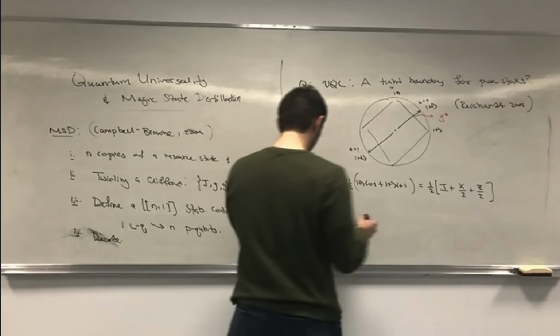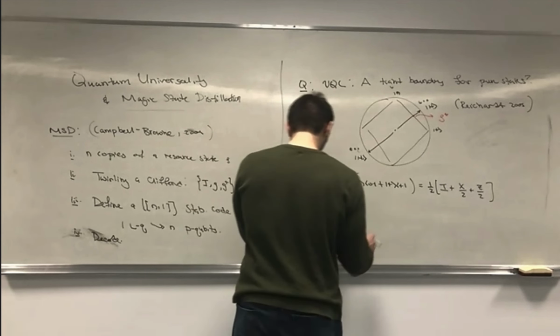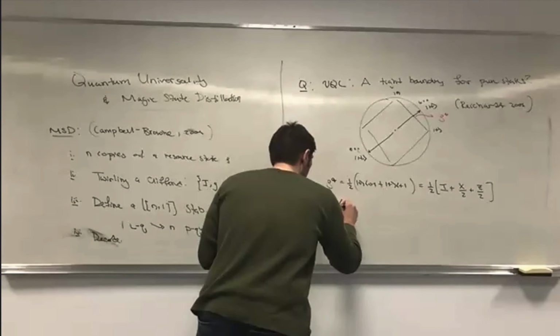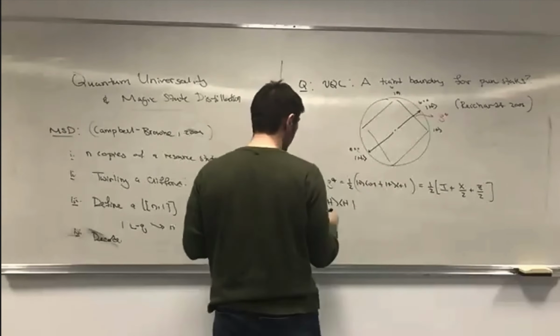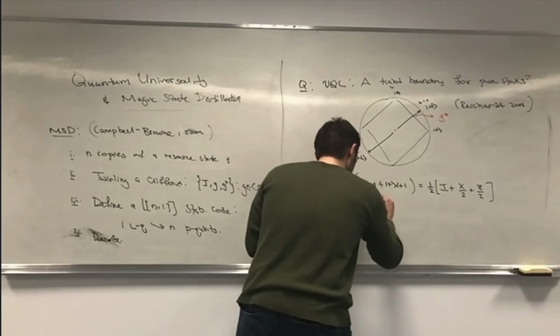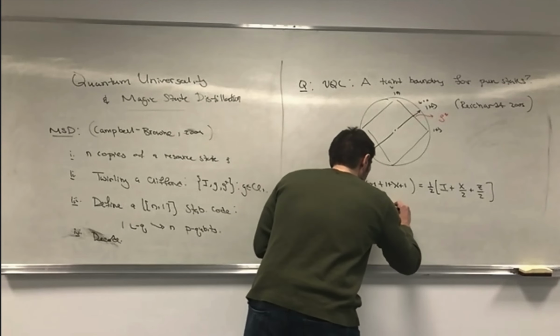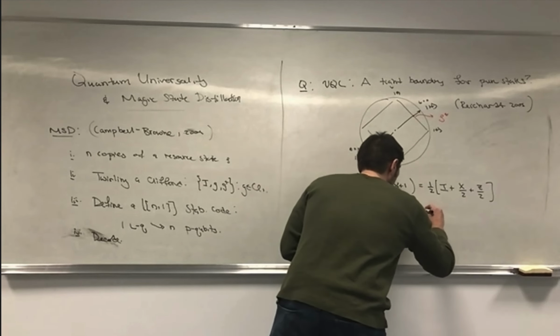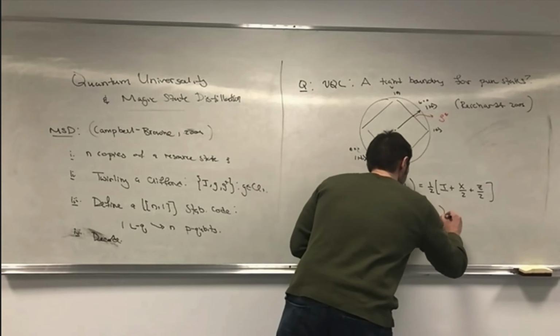Now recall we also have this H state, which is H0, the +1 eigenvalue of the Hadamard operator. So this state can be written as 1/2 (I plus 1 over the square root of 2 (X plus Z)).